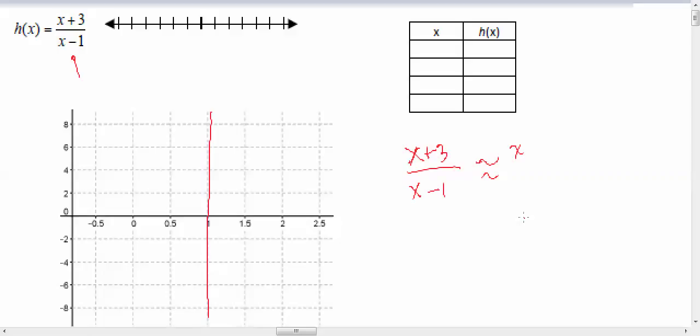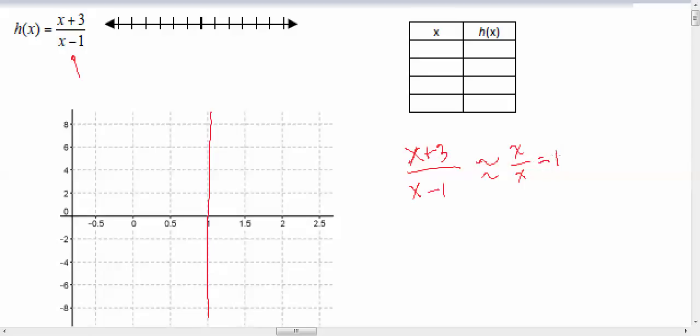Like if x gets really, really big, I can kind of disregard the 3, because that's just a constant number being added to something that's going to infinity. And if x gets really, really big, I can kind of disregard that -1. So it's x over x. So what's going to happen is x divided by x is equal to 1.